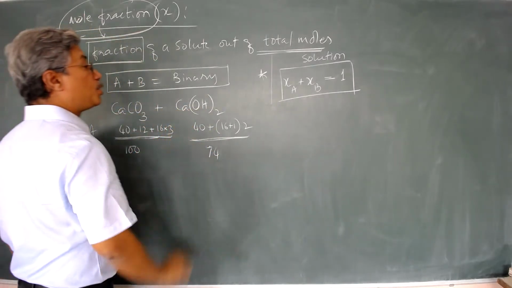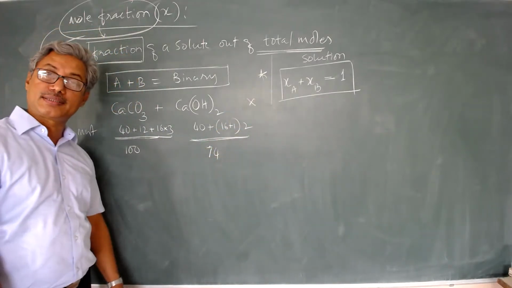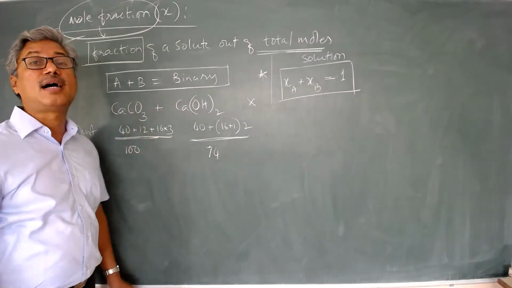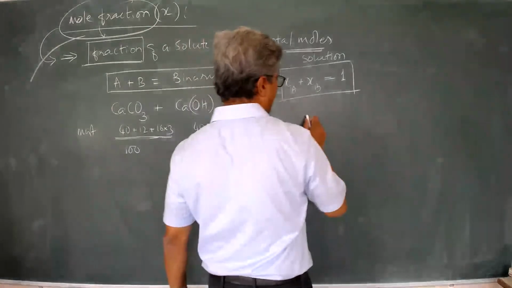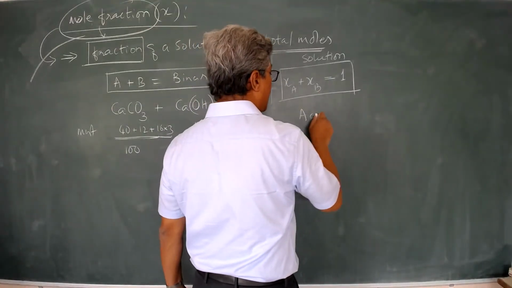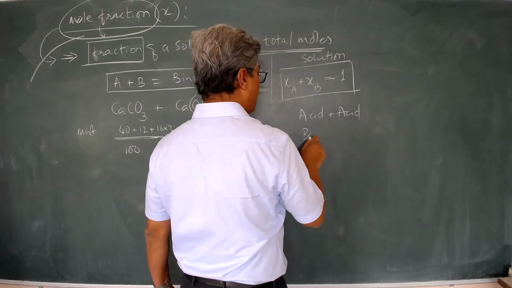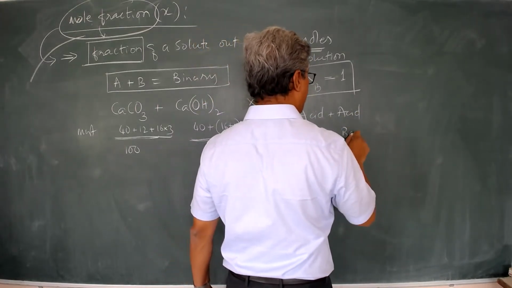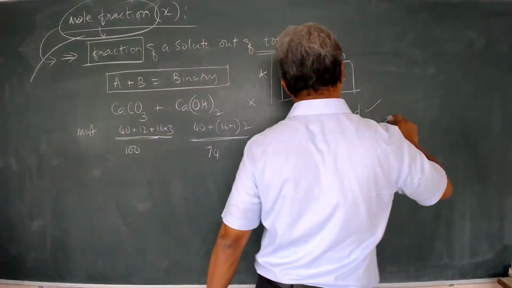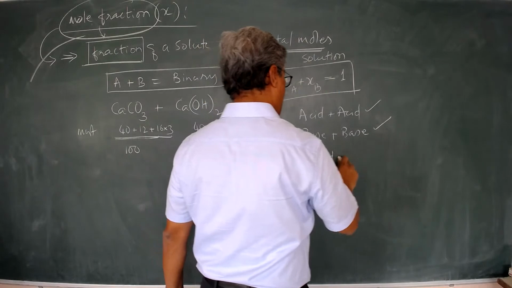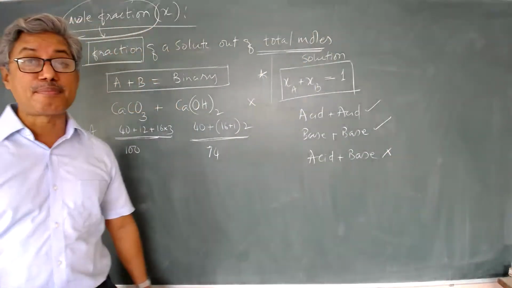These two are a non-reacting system. Then why are they a non-reacting system? Because both are alkaline or basic in nature. It means that this concept is applicable for either an acid and acid mixture or a base and base mixture, but not for an acid and base mixture. It's not applicable. So this is one of the important factors.